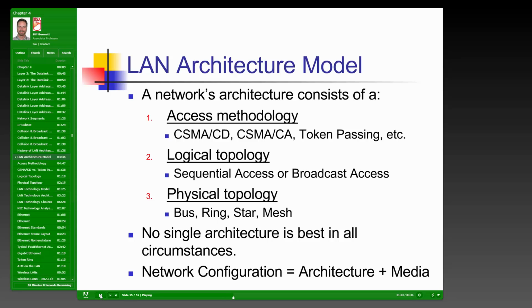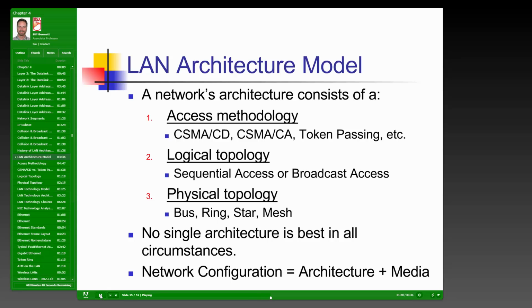And that can be done in a bus fashion, which is kind of a linear fashion, where you take the cable from one network card and you plug it into the cable of the next network card, and then the out of that gets connected to the in of the next network card, and on down the line. So you have kind of like this big long line of cabling that attaches to network interfaces as it goes down the path.